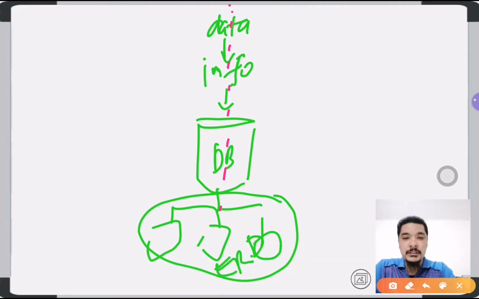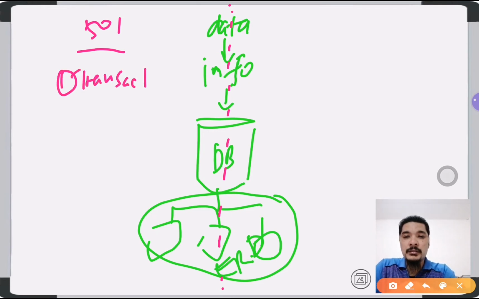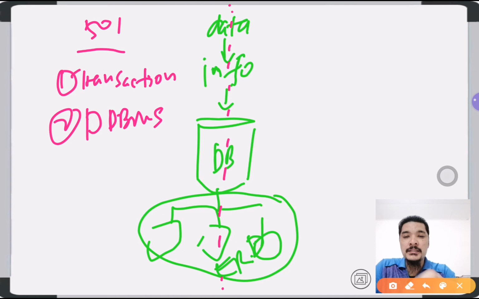If, let's say, for 501, we have new topics. Number 1, transaction. Number 2, for today is DDBMS. So we will cover this in today's lesson.